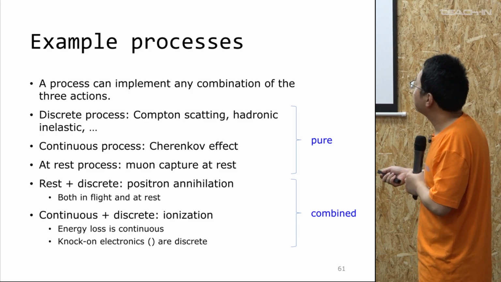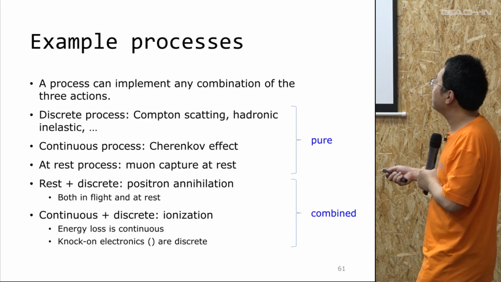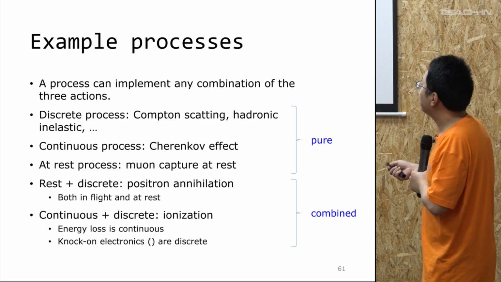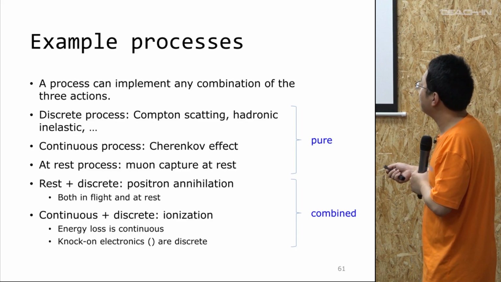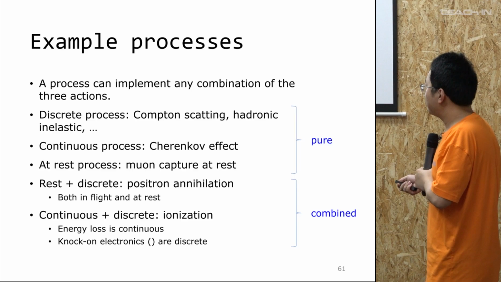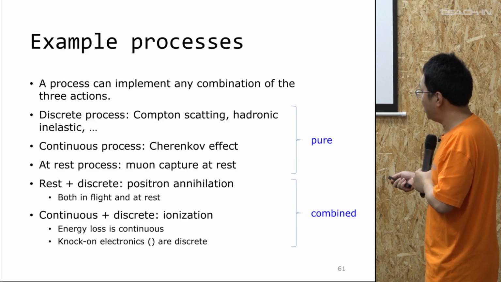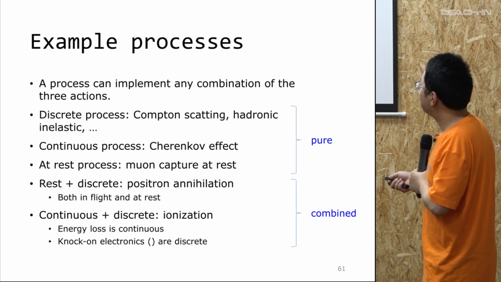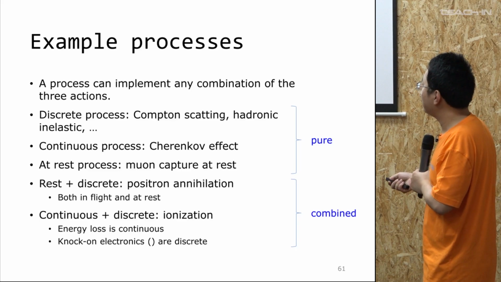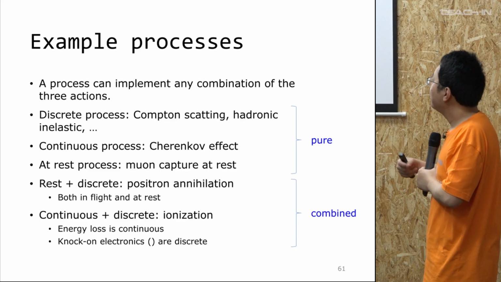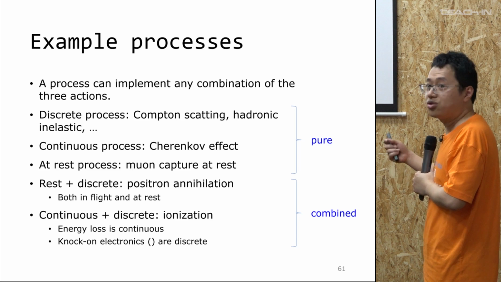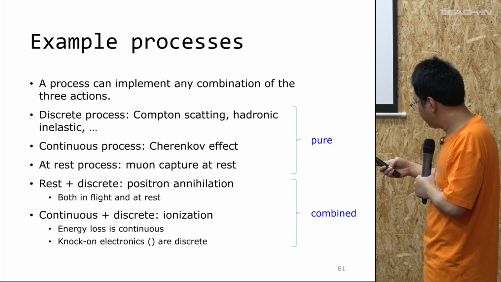We can also combine rest and discrete, and we have positron annihilation. And for continuous and discrete, we have ionization. For example, we can create the delta electron in the simulation, and this delta electron is actually created by the discrete action.